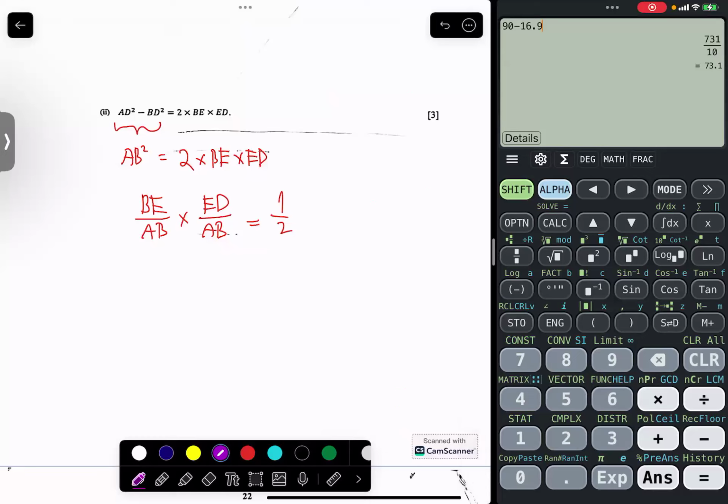There's a lot of Pythagoras. BE over AD is 1 over root 2 times 1 over root 2. That's why it equals half. Then from there, we can manipulate it.